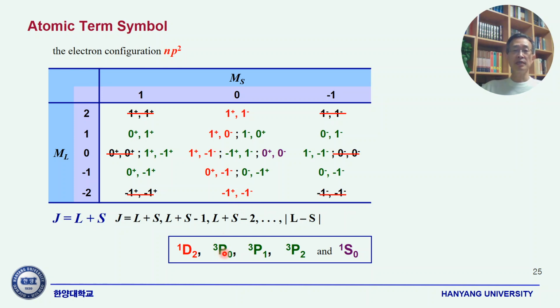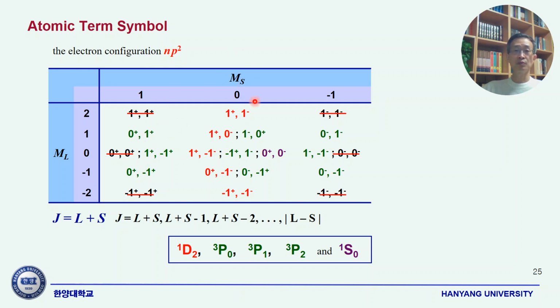And then for P, what you get is capital L equals 1. And then your spin quantum number S equals 1, because MS values 1, 0, -1 are included, so this is the green thing.